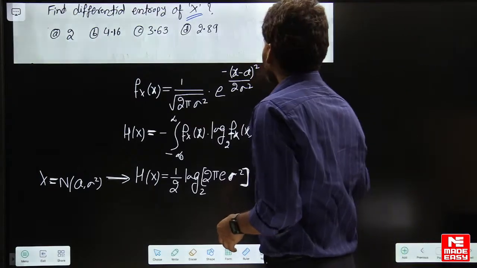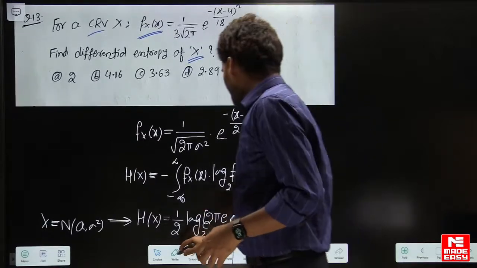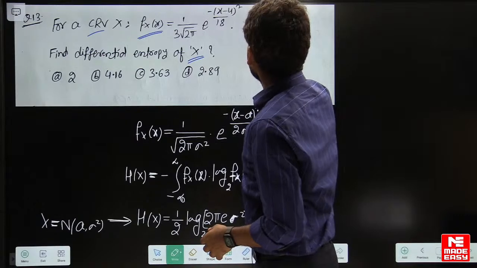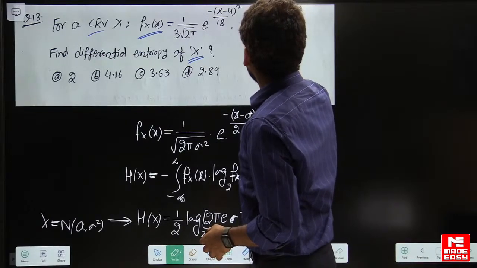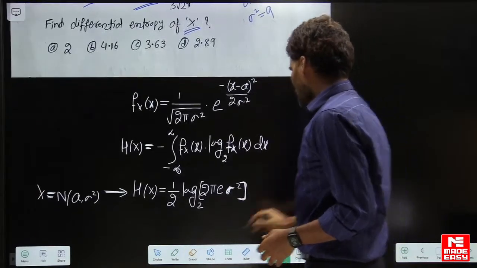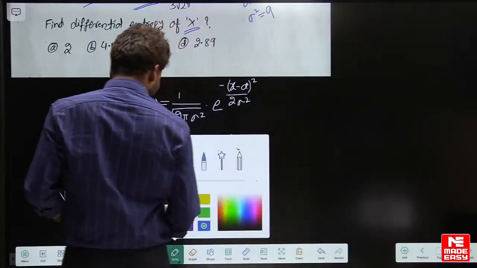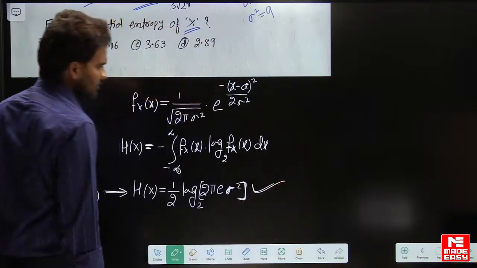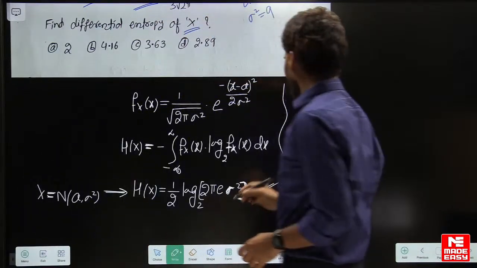So if you compare this with the standard Gaussian density function, a will be equal to 4 and sigma square is equal to 9. Remember it as a formula, everyone, it will be useful to you in examination.